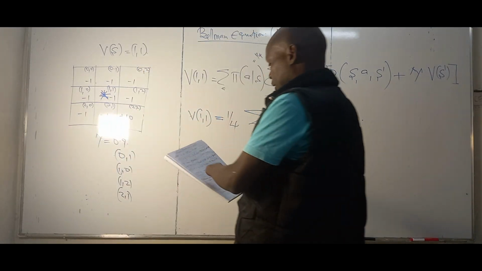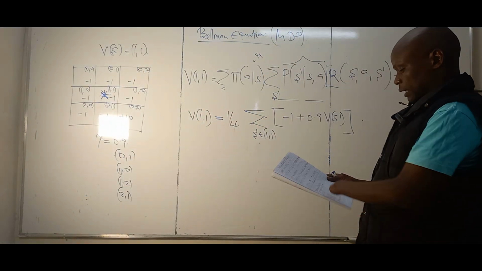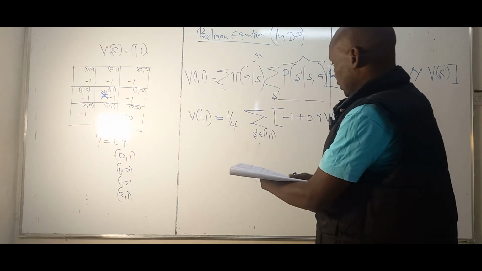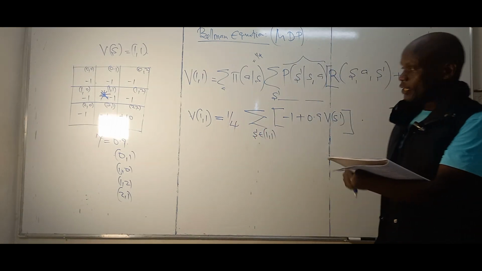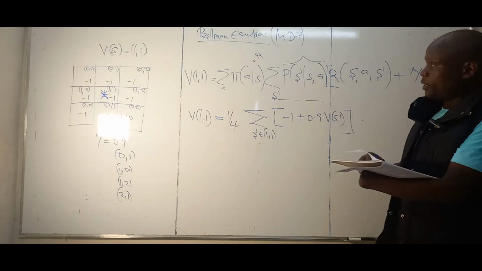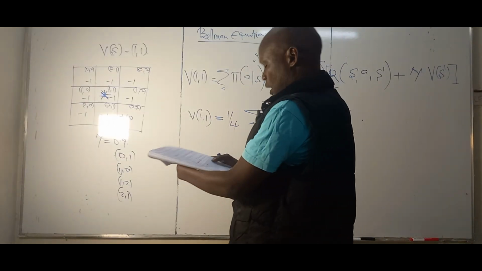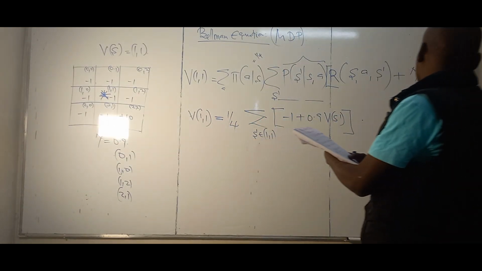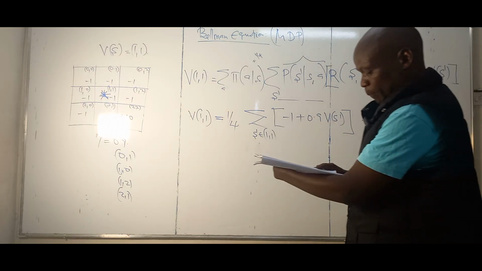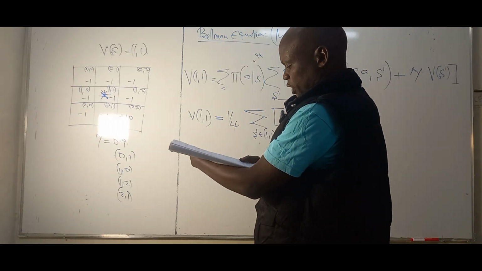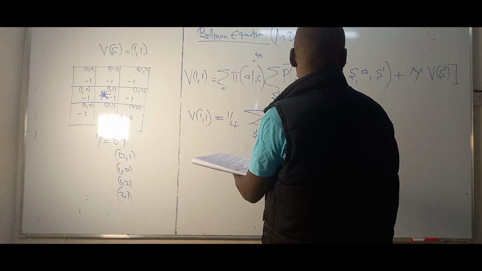Now I want to sum under that. So we'll assume initial estimates for V(S prime), which is given through iterative policy evaluation.